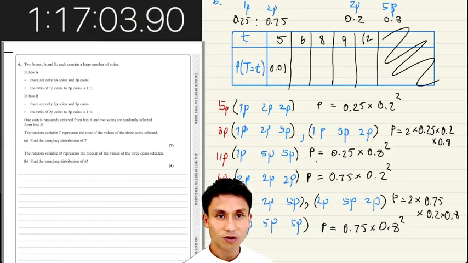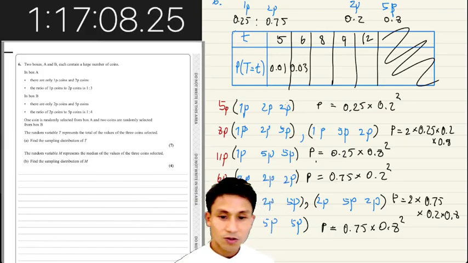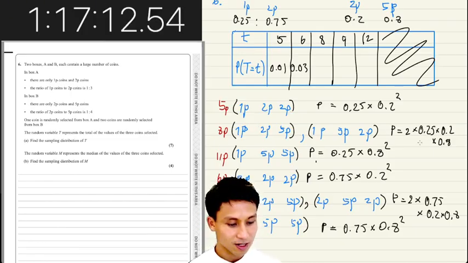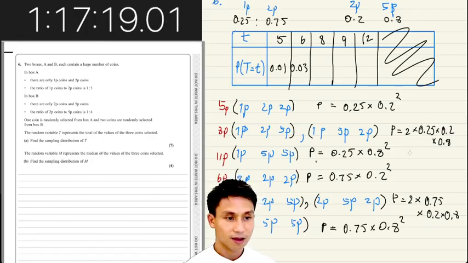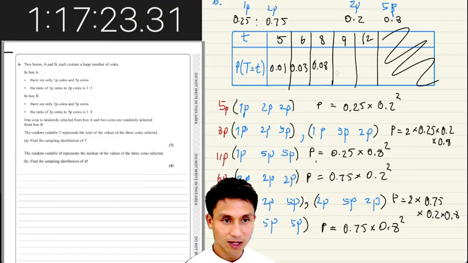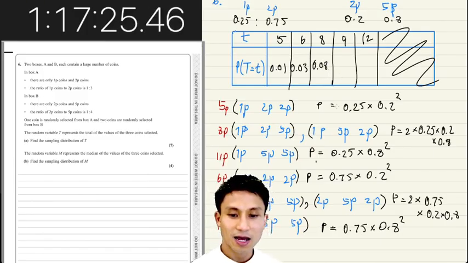That would be 0.03, right? Okay, so 8 pence would be this guy right here, yeah, second line, 2 times 0.25 times 0.2 times 0.8. And that would be 0.08.